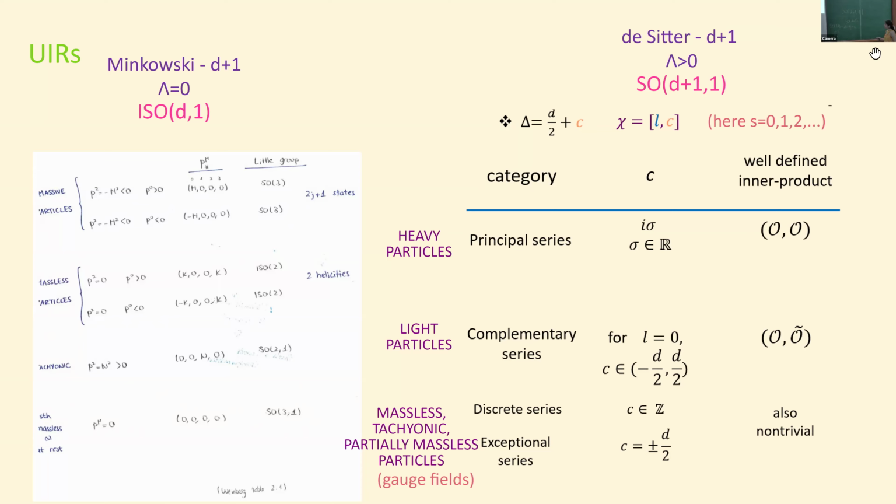Here you have an infinite number of values sigma can take. For massless particles, you had 2 helicities. In this case, massless particles belong here together with tachyonic and partially massless particles. So now C can take on many, many values. We just have to parameterize it some way.